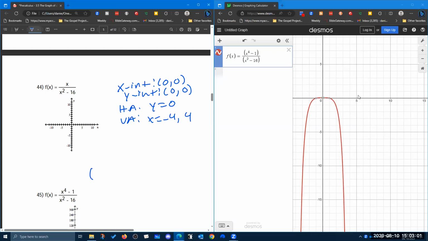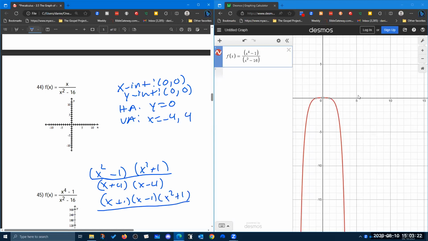Let's just factor this one all the way out. This is x squared minus 1, x squared plus 1, x plus 4, x minus 4. So this is x plus 1, x minus 1, x squared plus 1 over x plus 4, x minus 4.